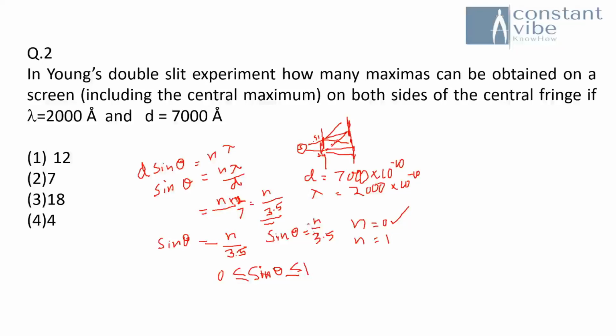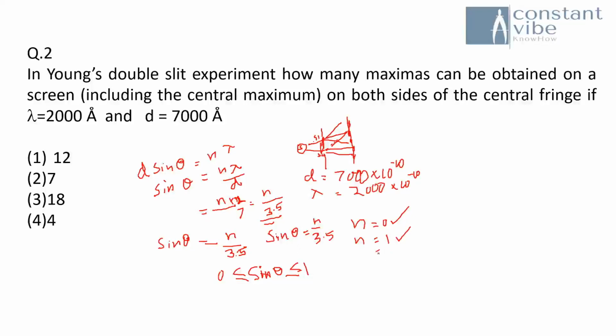If n is equal to 1, then n divided by 3.5 is less than 1, so the sine value will be less than 1. That's also correct.